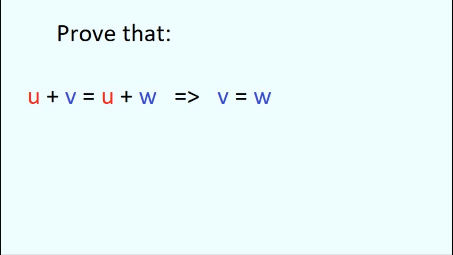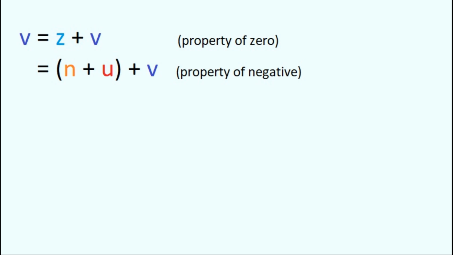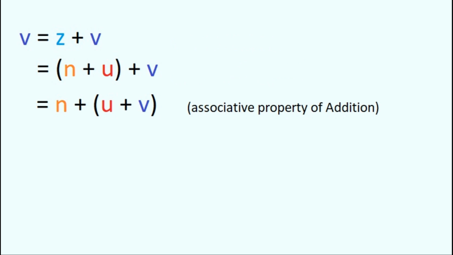Here we're going to prove another very obvious expression in a vector space. Starting with V, that I've coloured in violet, I expand the term using two axioms. I use another axiom to perform a bracket swap, which is very necessary since I have to get the expression u plus v.